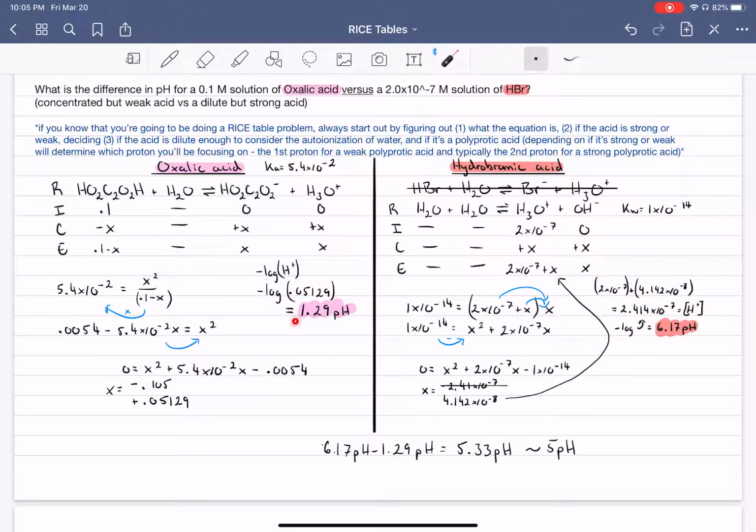And then we added a ton more, like what, a million times more, of the weak acid, and it brought it down all the way to 1.29 pH.